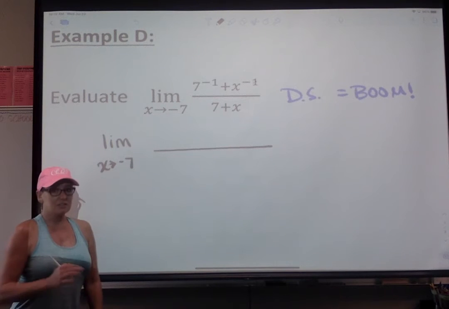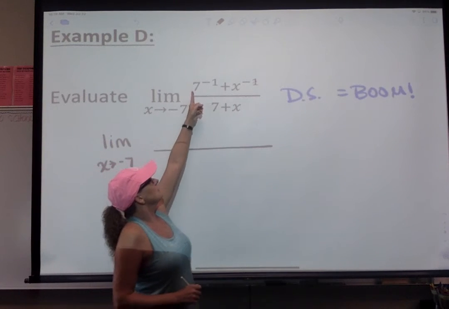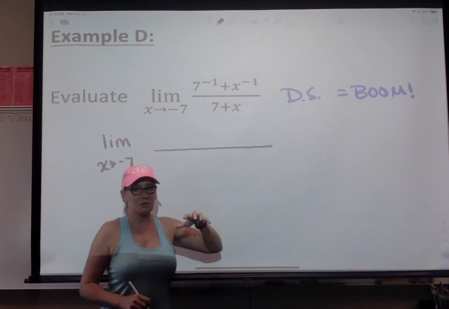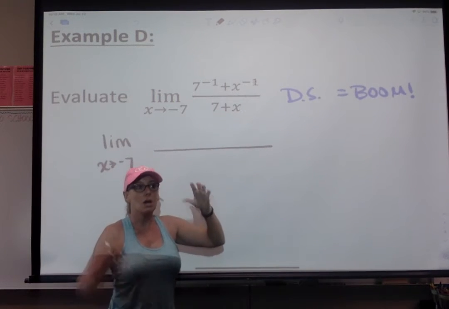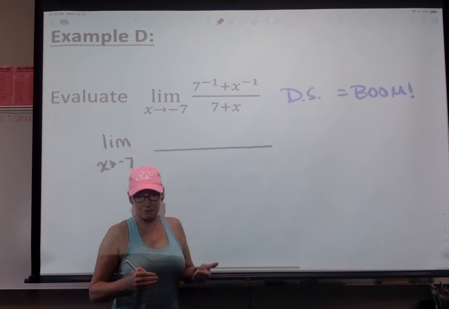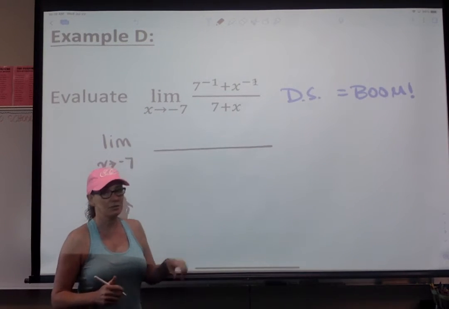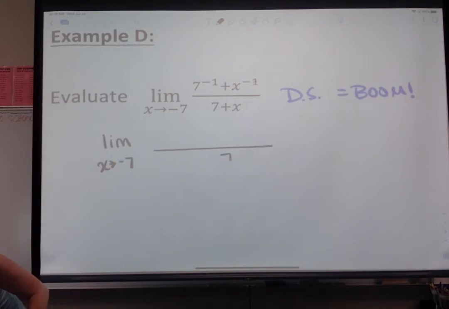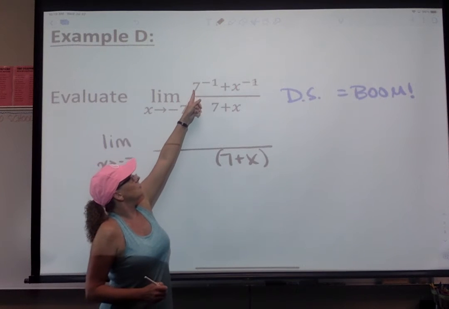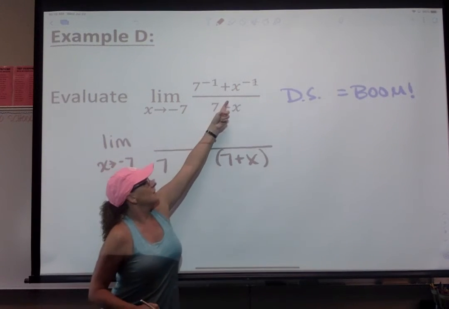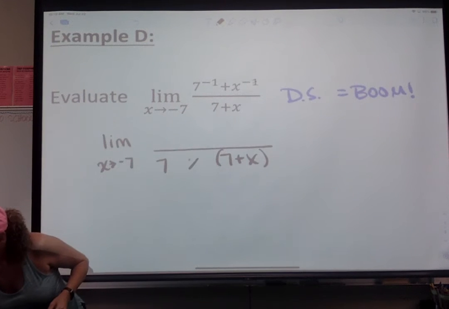I think some of you, since 7 is to the -1 power and x is to the -1 power, are going to be like, oh, I know, you move that to the denominator. True, kind of. But you can't move this 7 to the denominator and this x to the denominator.